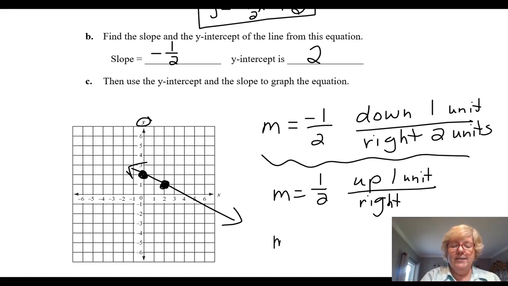What if you had a slope that was a whole number, like a 3? Then you just write that as 3/1. The top would be positive and the bottom, so you go up 3 units and to the right 1 unit. That bottom number will always move you to the right. However, the top number, depending if it's negative or positive, will move you down or up.